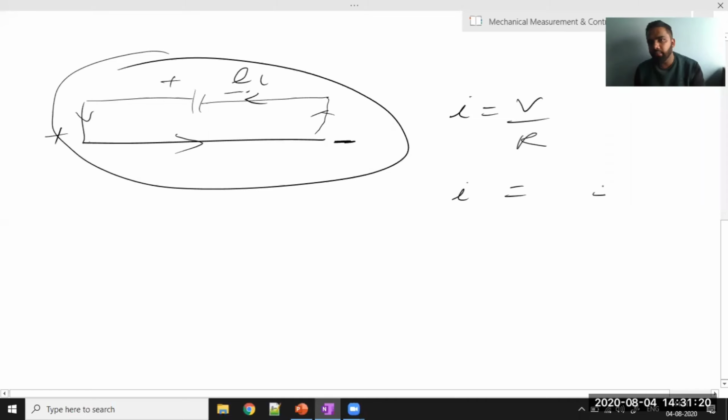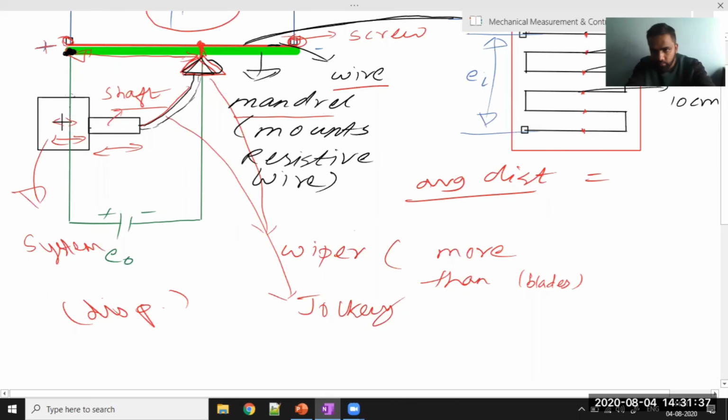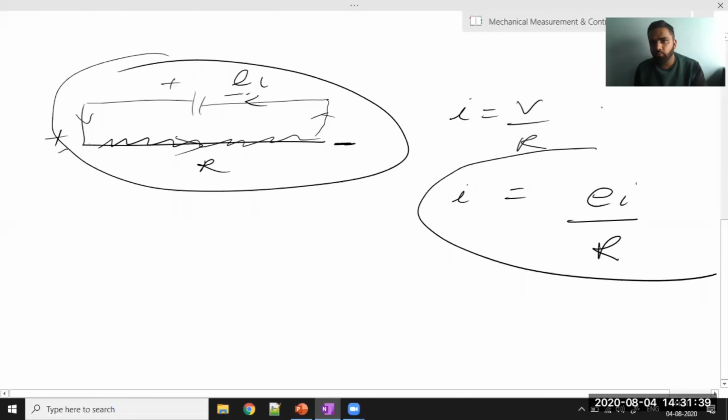So what I'll get is EI. Just try to understand, I am trying to find the current for the system. So EI divided by R, this wire will have some resistance R, right? So I will be equal to EI by R, correct?